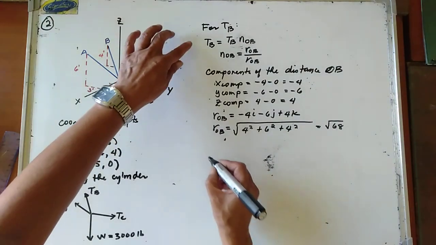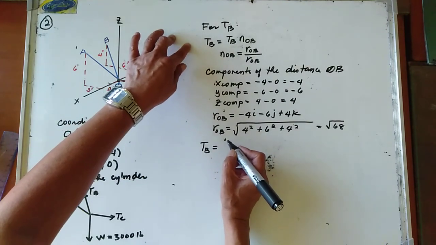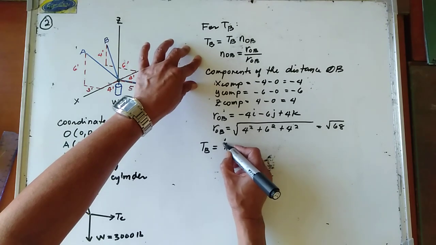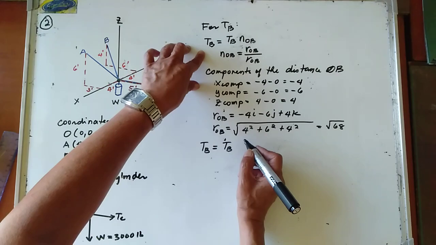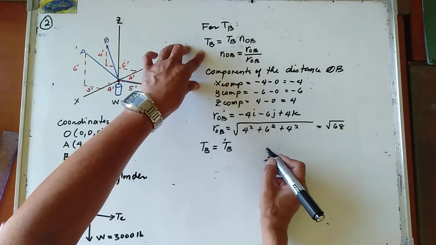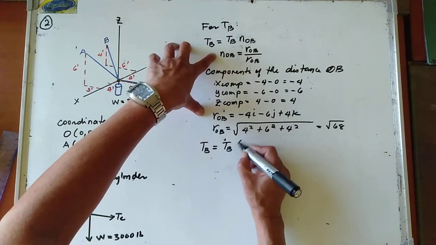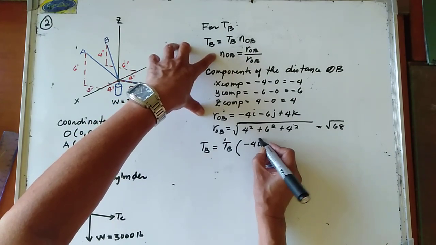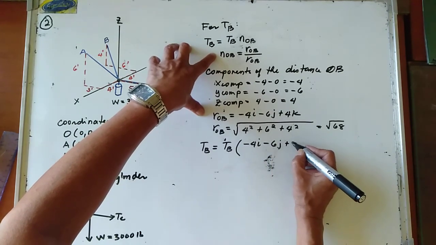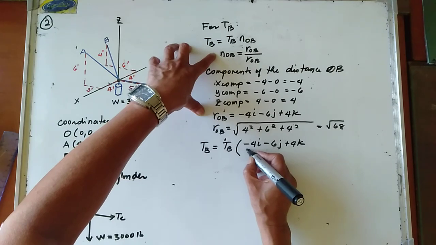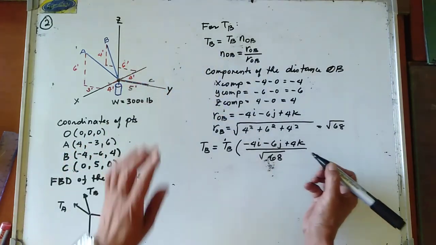Hence, we have your T sub B is equal to the magnitude of the cable B, multiplied by a unit vector OB. So that is minus 4i minus 6j plus 4k all over the square root of 68.